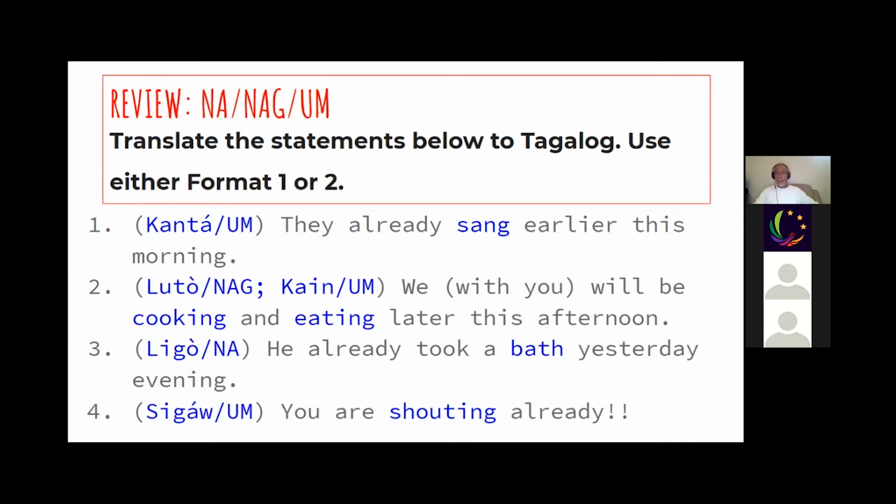I'm not sure if this is right. Well, what is the past tense for sing? It's sang, right? So how would you put past tense for kanta? Kumanta. It's a na, two verb.